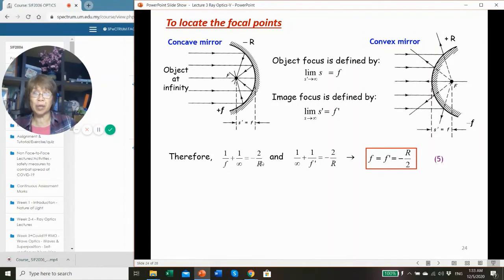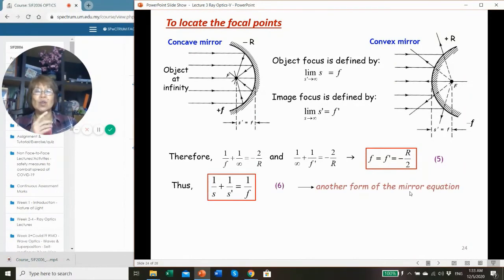Substituting that into the mirror equation, this is what we have, or the other way around. Object distance at infinity, the image will be formed at the image focus, given this way. So in other words, comparing these two equations, it will show us that F will be equal to F prime, and that is equal to negative R over 2.